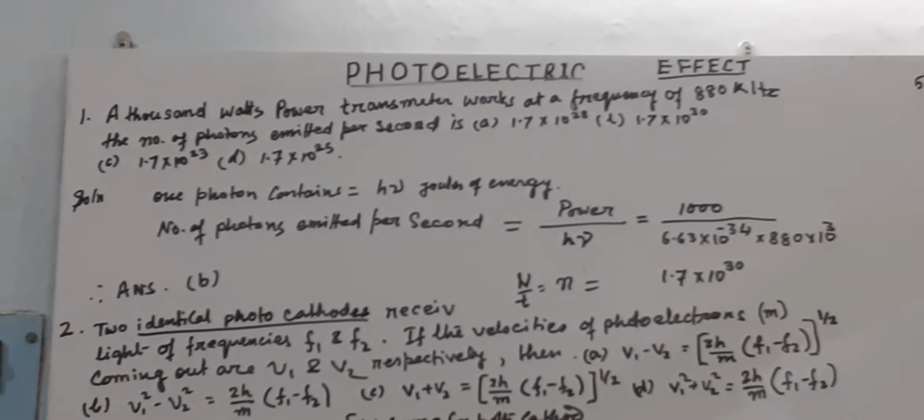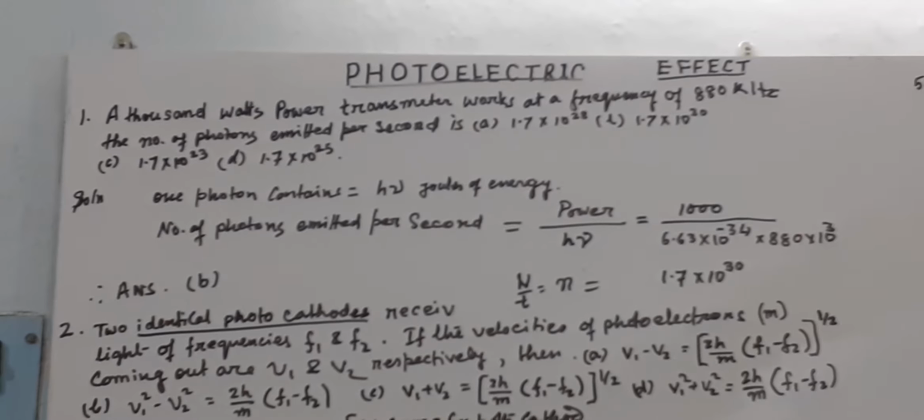One photon contains h nu joules of energy. So power, 1000, divided by h nu will give the number of photons per unit time, that will come to 1.7 into 10 to the power 30 photons per second.